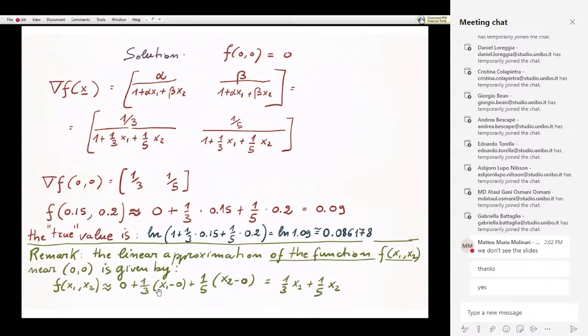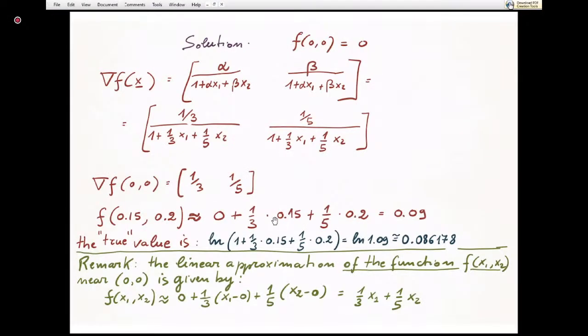If you want to have something in general, if you want to write the equation of the tangent plane at the point, you have to rewrite these increments as the variable x1 minus the initial level of the variable x1, and the variable x2 minus the initial level of the variable x2. Now, it's not a number, it is a function. So this is basically the equation of the tangent plane at the point 0, 0.